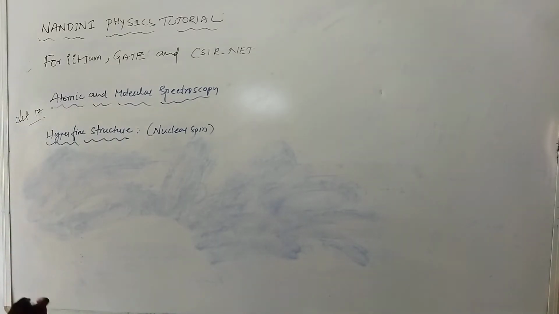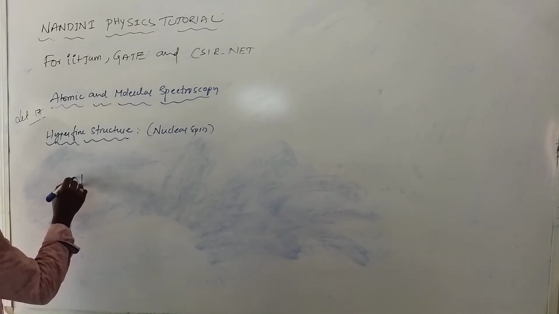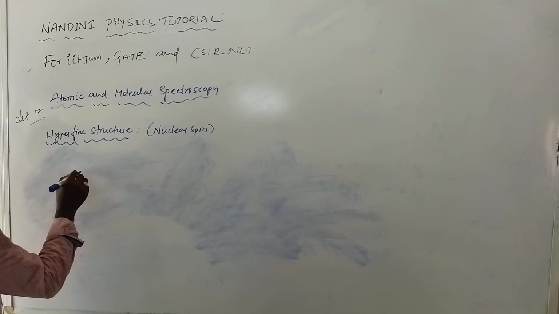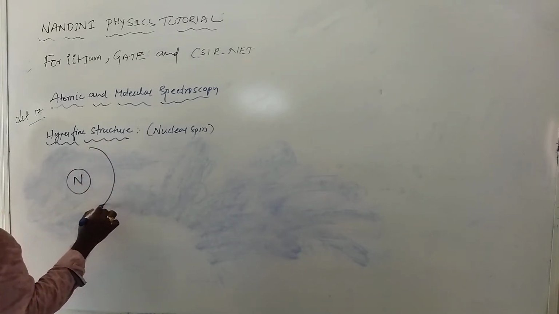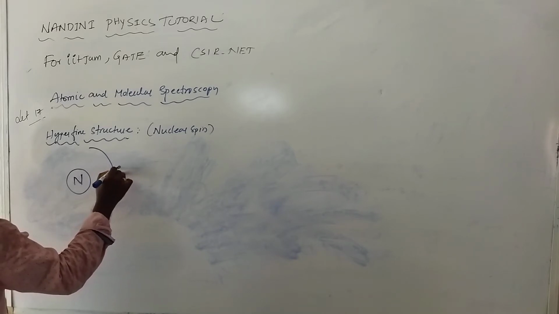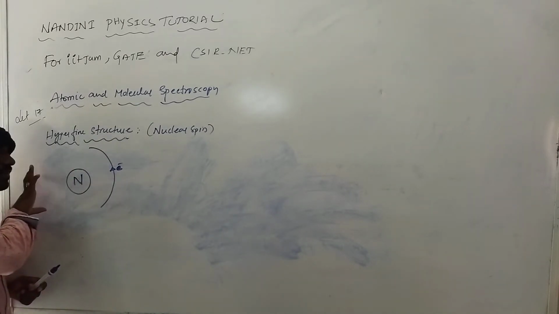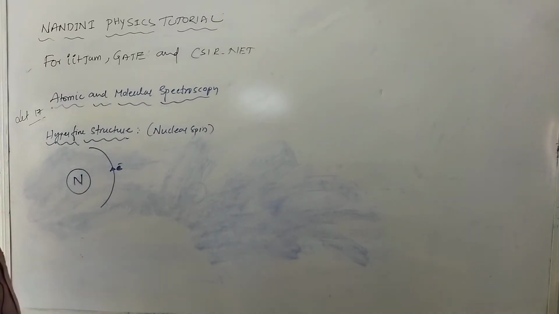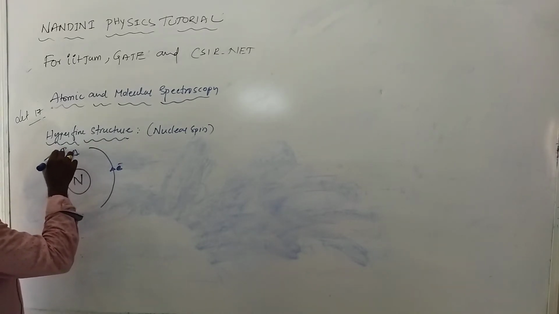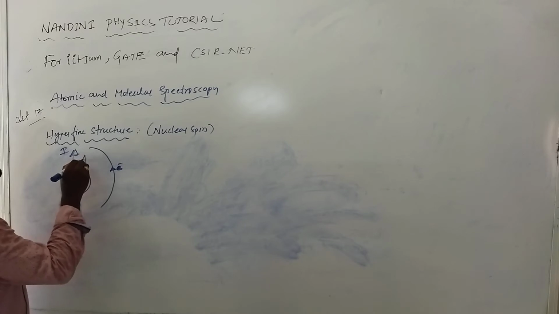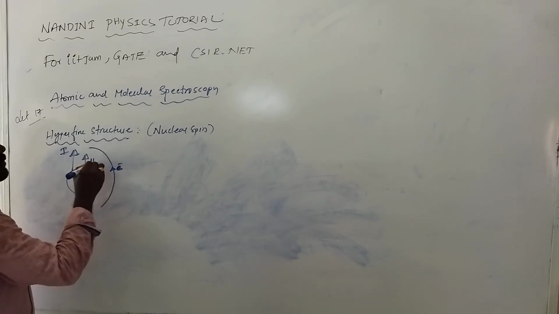Consider this is a nucleus, and this nucleus is revolving around an electron e. This nucleus has a nuclear spin I in this direction, and the nuclear spin magnetic moment is mu I here.